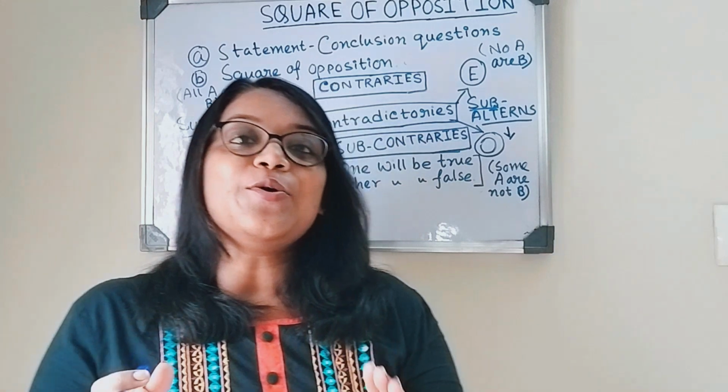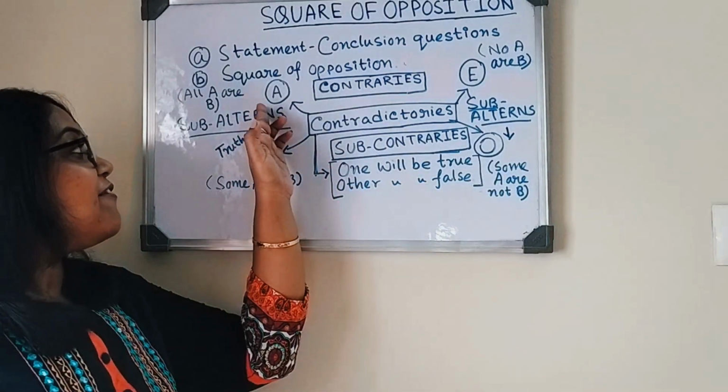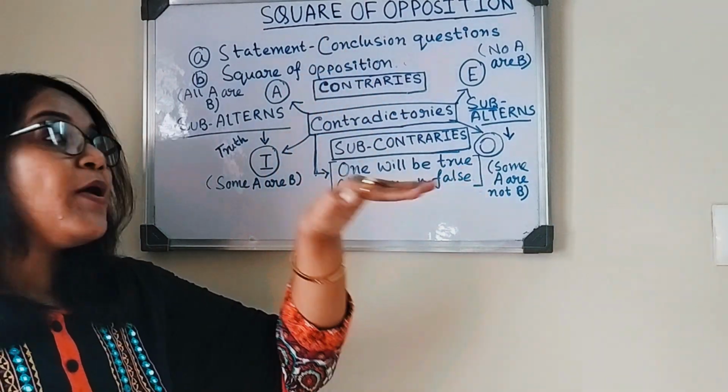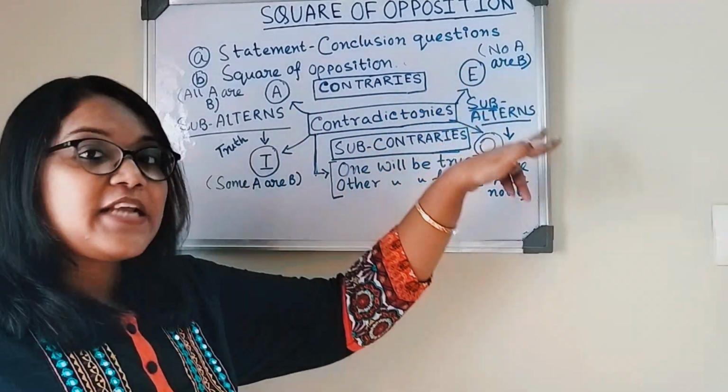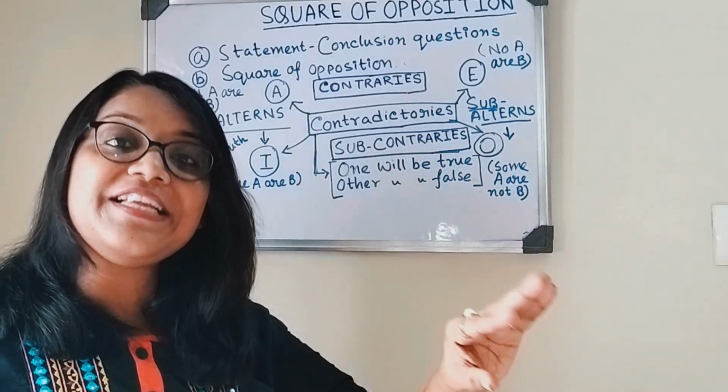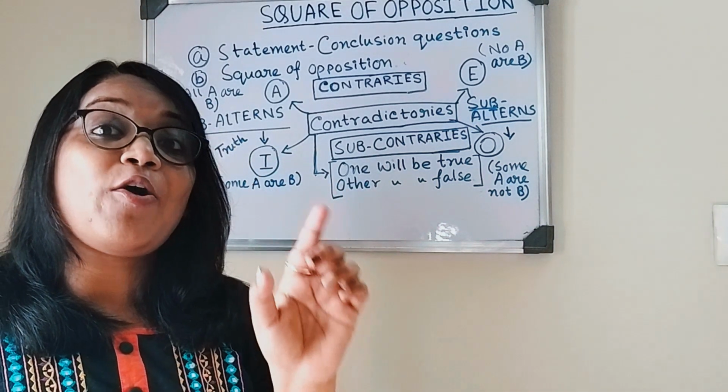That means if the A statement is true, then the E type of statement with the same subject and predicate will definitely be false, because they cannot be true together.